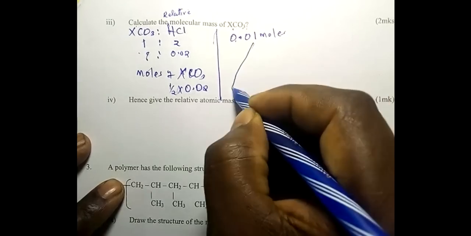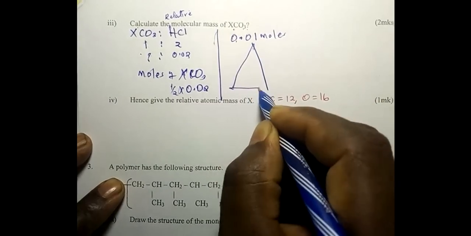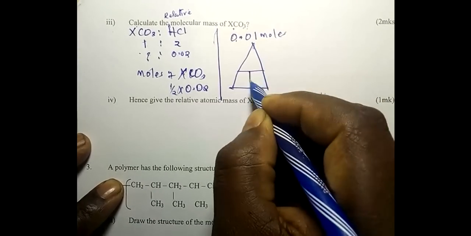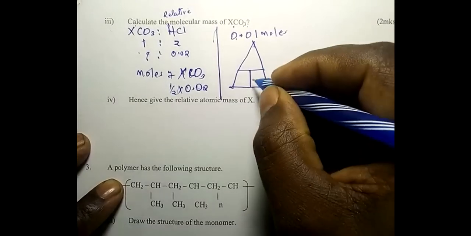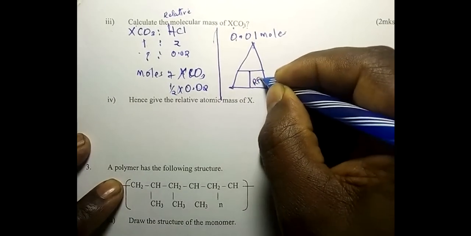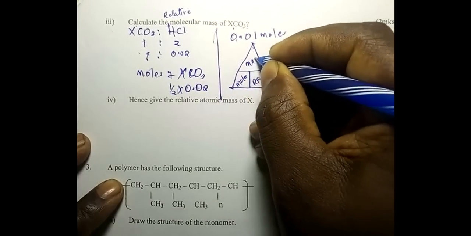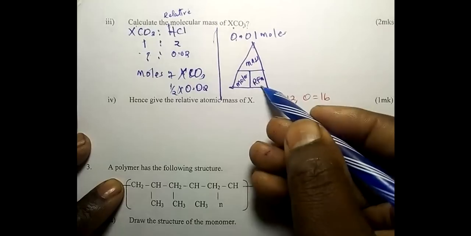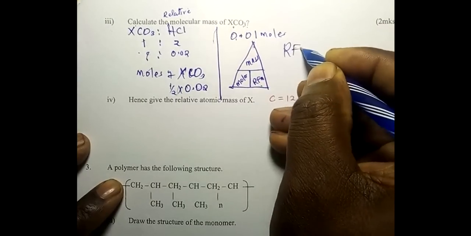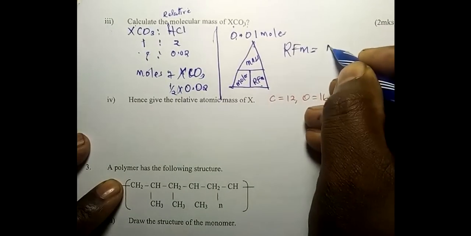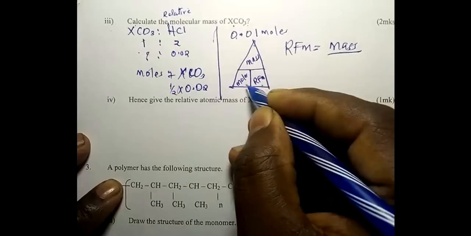Remember the first triangle in the topic moles, the concept mole. We have the RFM, we have moles, mass. How do you calculate RFM? RFM is equal to mass divided by moles.